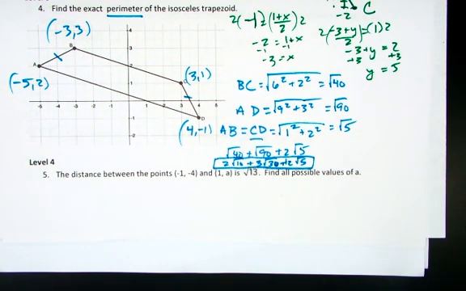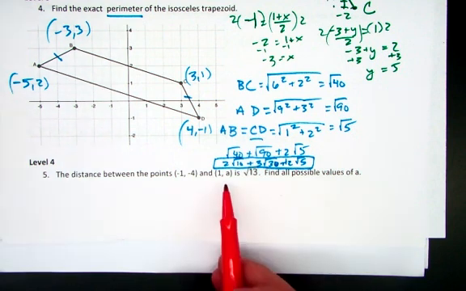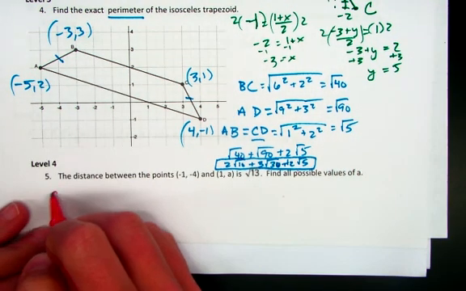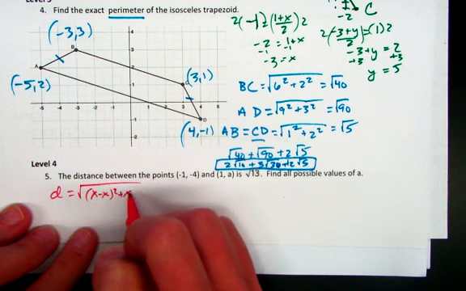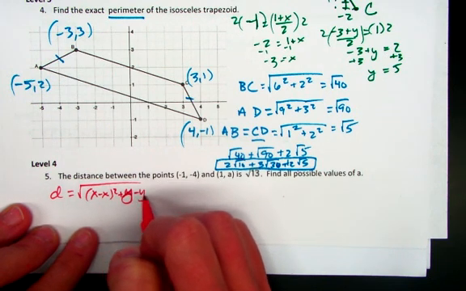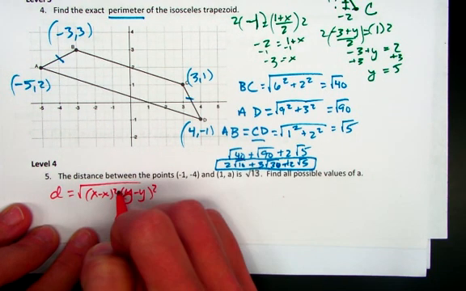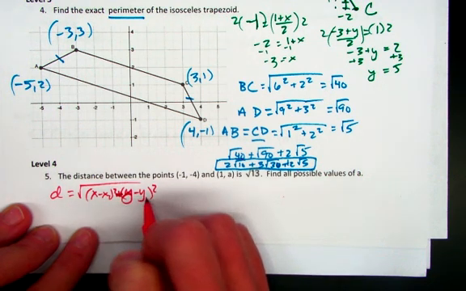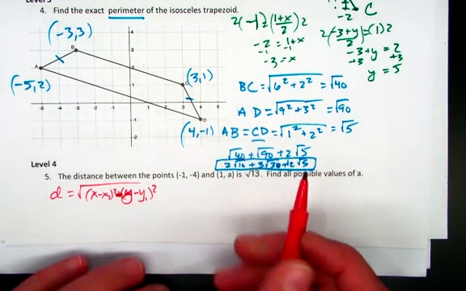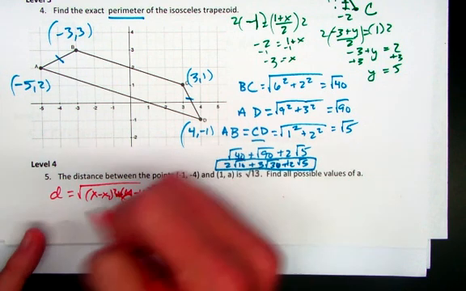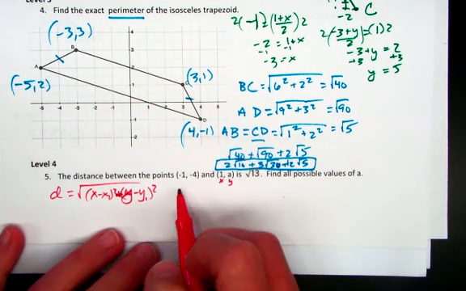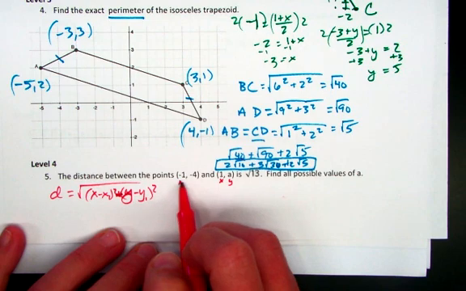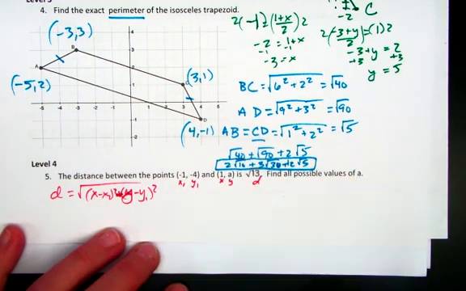All right, and then the last one, the distance between the points is given, and we want to figure out what a is. So there, again, we're using d equals the square root of the difference between the x's squared plus the difference between the y's squared. So let's go ahead and let this be x and y, and this is going to be x1, y1, and this is my distance d.